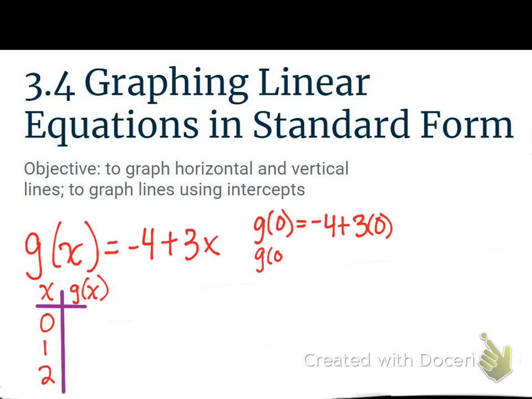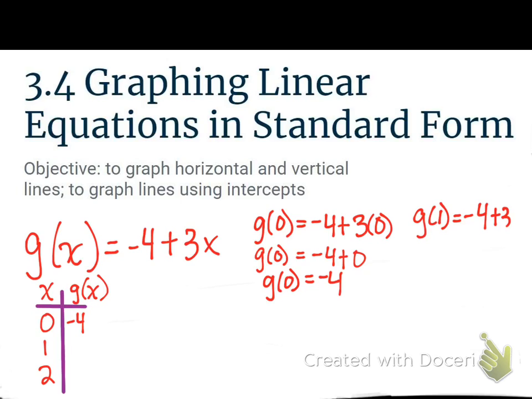So, g of 0 equals -4 plus 0. We end up with -4. Then what are we plugging in? g of 1 equals -4 plus 3.